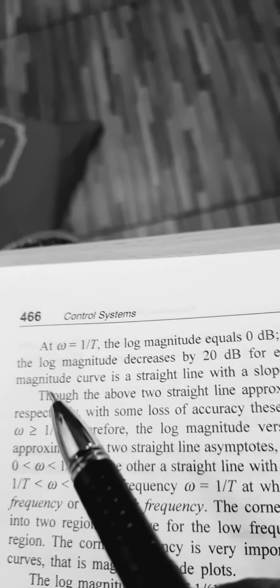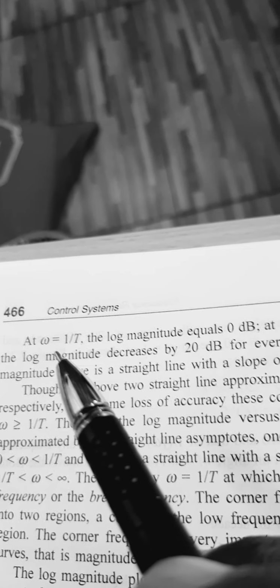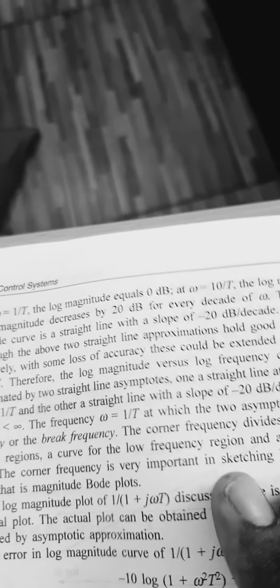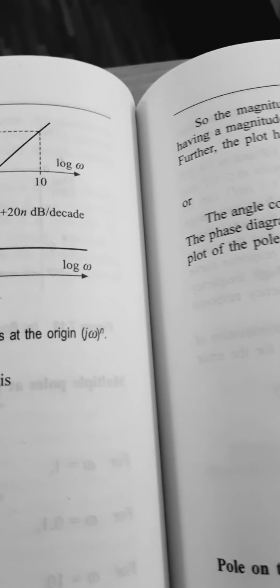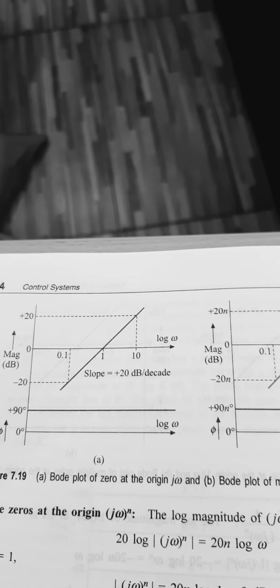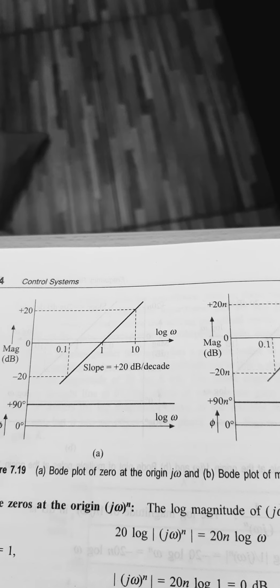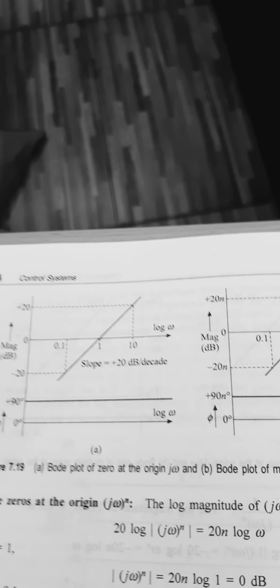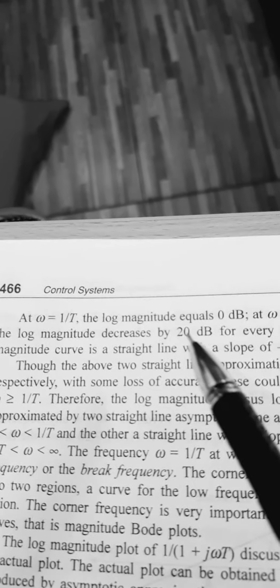Now at omega is equal to 1 by T, the log magnitude equals 0 dB.